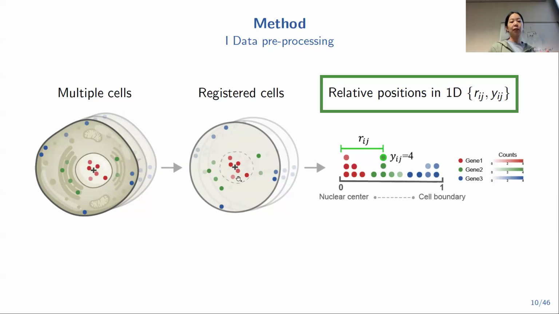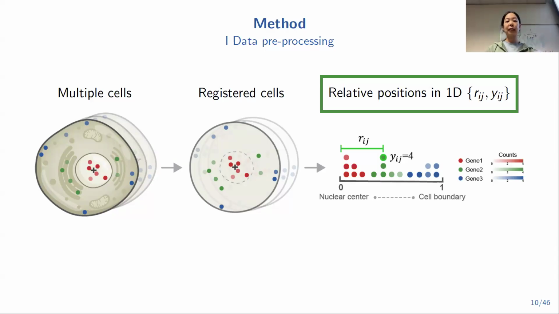And after registration, they're still near the center. If we put them on a one-dimensional interval, they're here, quite close to 1, right? So suppose we estimate a density on this 0 to 1 interval, we imagine the density curve goes down, right? This is the idea of this model. We want to estimate this pattern. If the density is high at 0, it corresponds to a nuclear pattern.